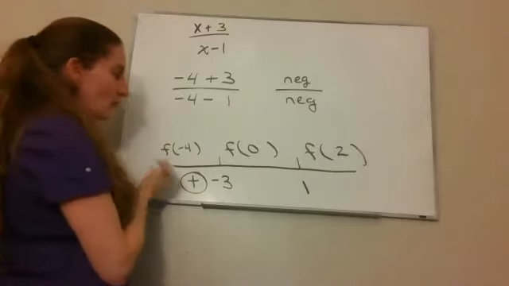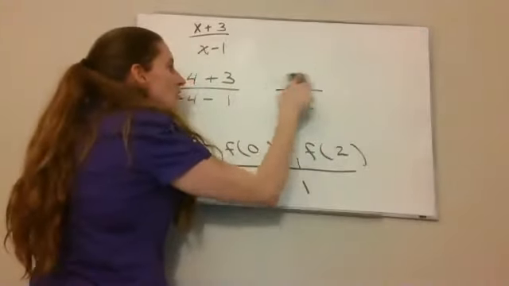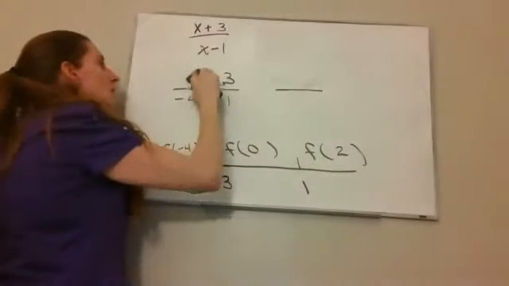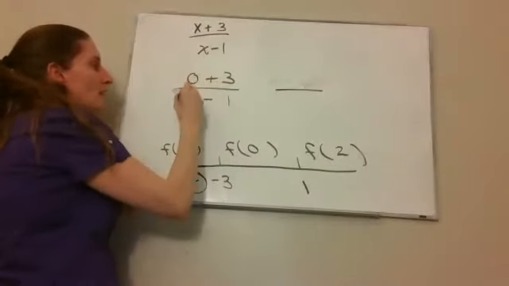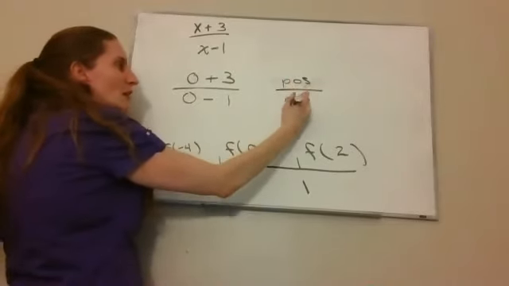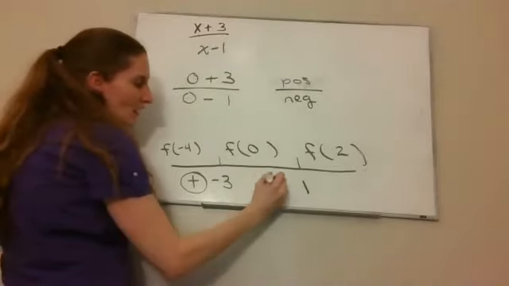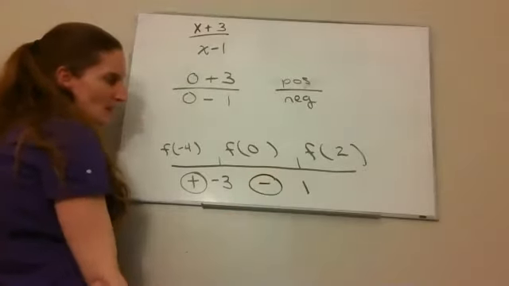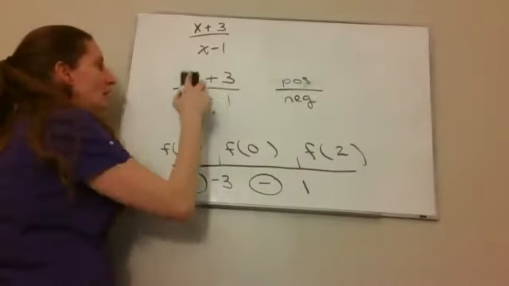If I do the same thing with 0, plug in 0 for all the x's, my numerator is positive and my denominator is negative. Positive over negative is negative. And now we just have to check for when we have x equals 2.